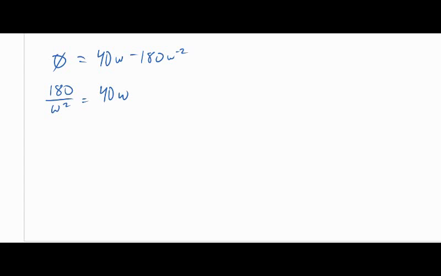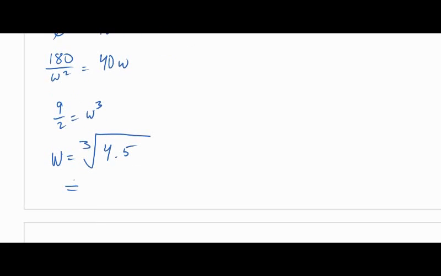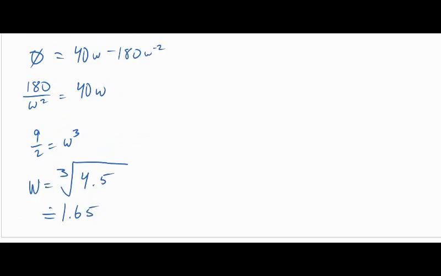So 180 over 40 is 9 over 2, which is equal to w cubed. So w equals the cube root of 4.5, or 9 over 2, which is approximately 1.65, turns out.